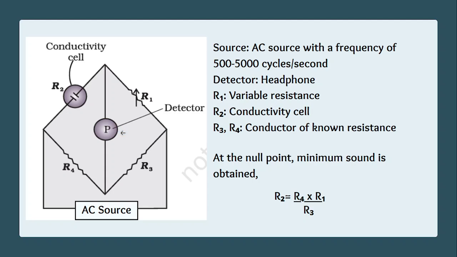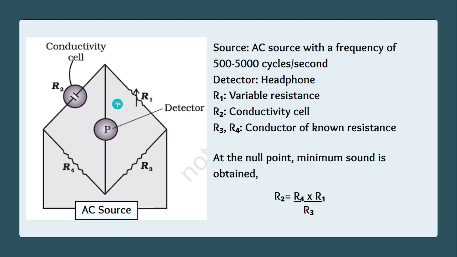The detector could literally be a pair of headphones because we can hear the sound. And this is the conductivity cell, that is the unknown resistance. So when we switch this on, we try to change the value of R1 so that it gets to the null point. At this point, we do not hear anything, as it is the minimum sound that is obtained.